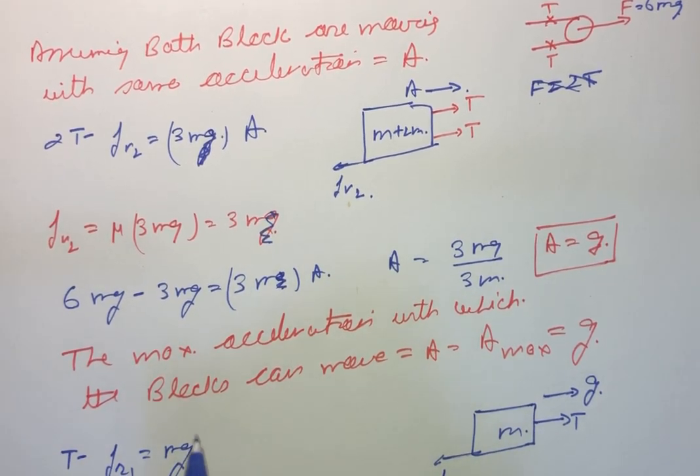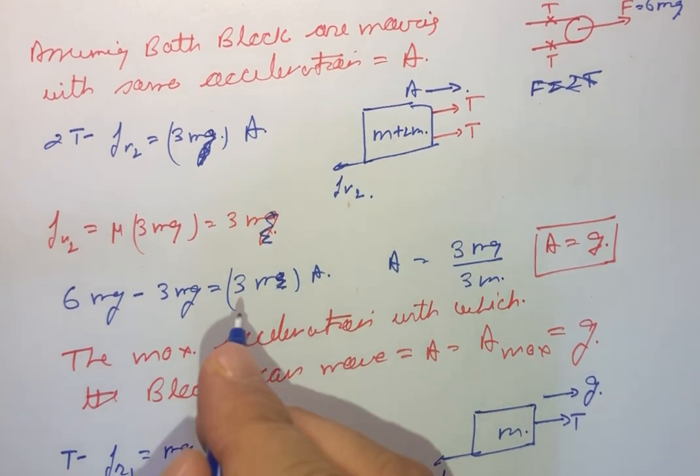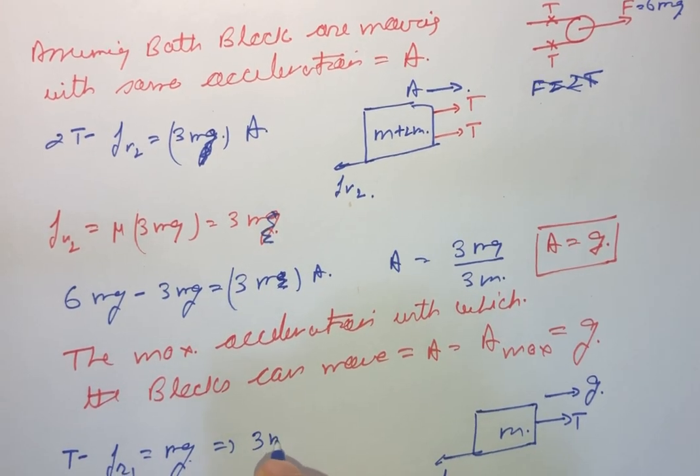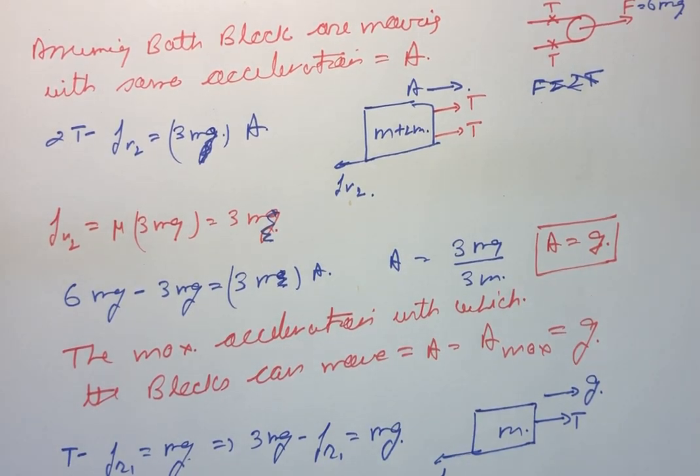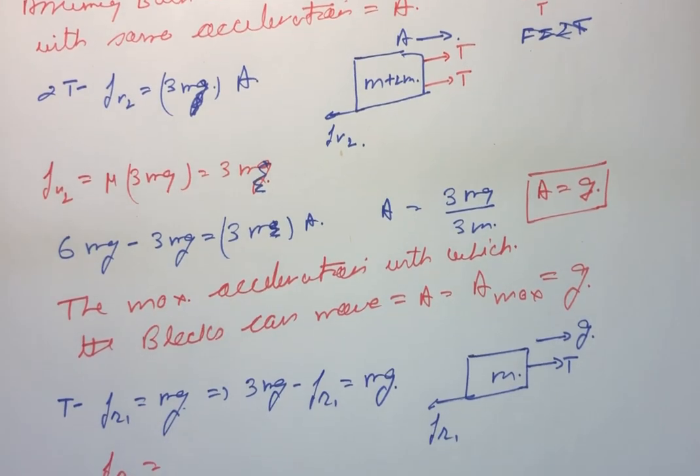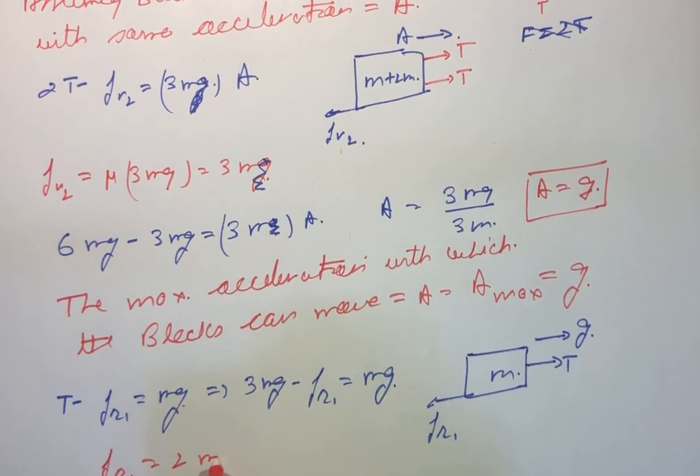We already know value of T, that is 3 mg. So we have 3 mg minus FR1 is equal to mg. Okay, you can see that FR1 will be equal to 2 mg.